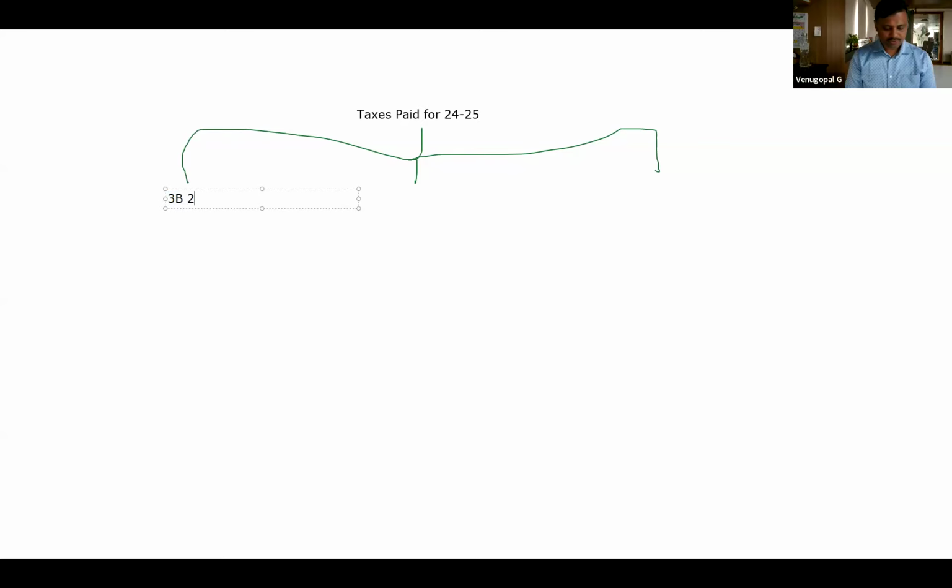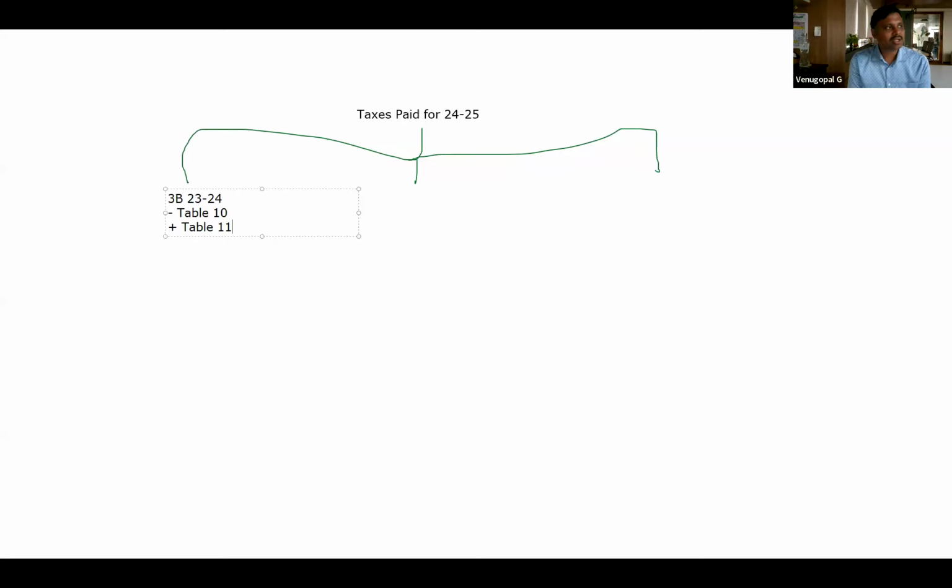3B of 23-24, one year before. In table 10, so I have to minus this value. I have to add table 11. That means last year only I have paid extra for 24-25.